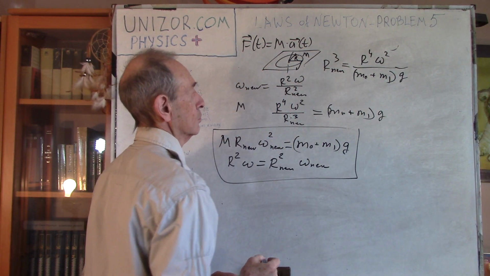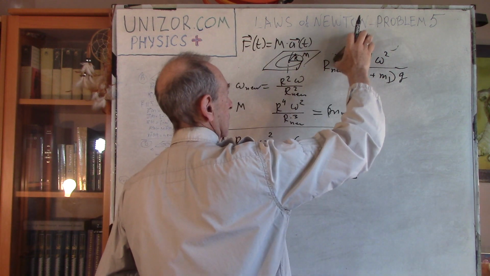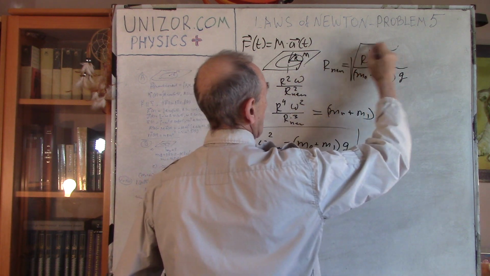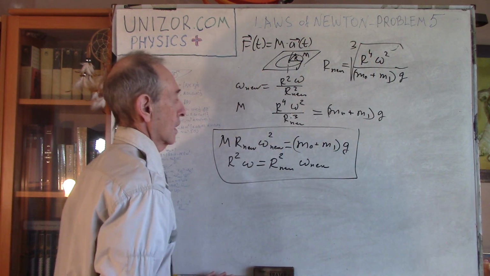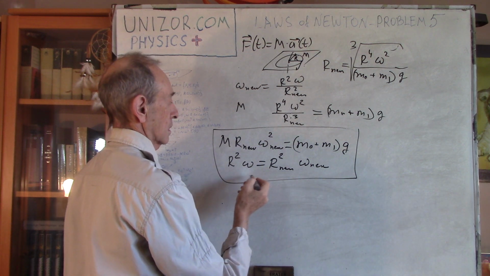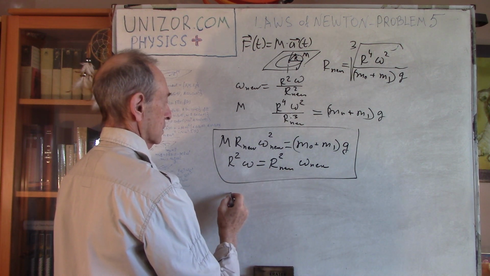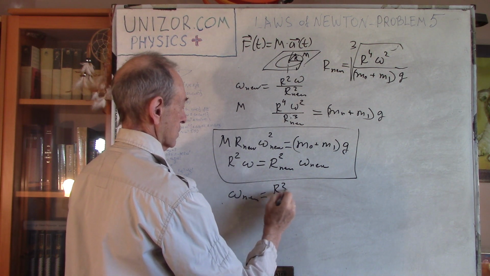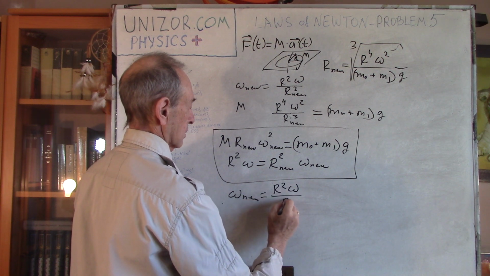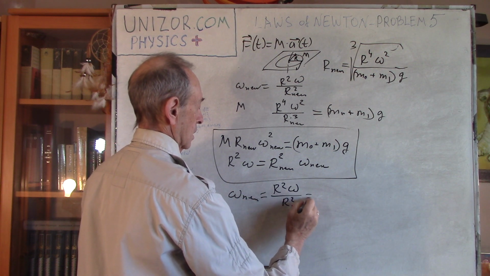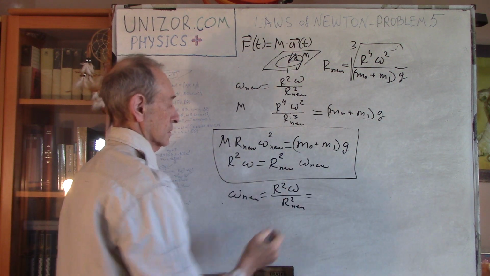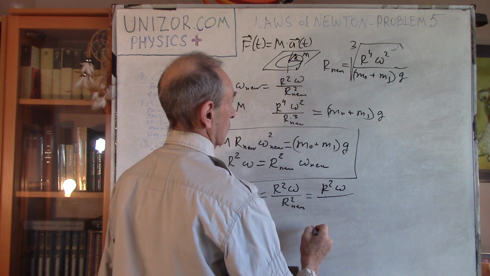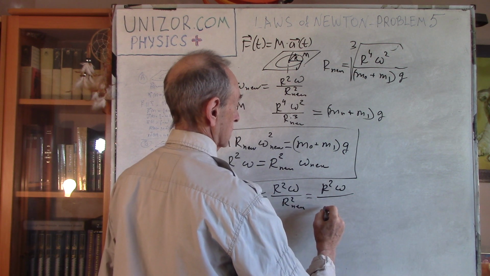So that's my r nu, which means r nu is equal to the cubic root, and from this I find omega nu is equal to r squared omega divided by r nu squared, which is equal to r squared omega divided by, oh my god, that's kind of complicated, right?